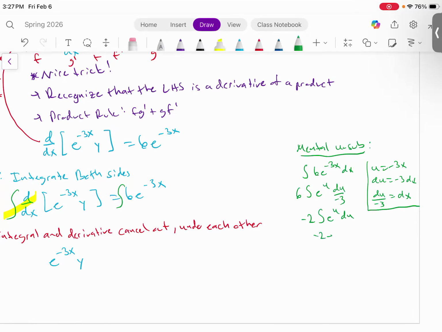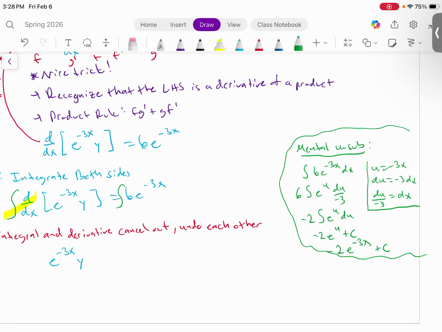And then negative 2 e to the u plus c. Then we plug back in what u is, negative 2e to negative 3x plus c. That is our mental u-sub, but we can do that in our head once we recognize it, though it's good practice to try it out if you need it.